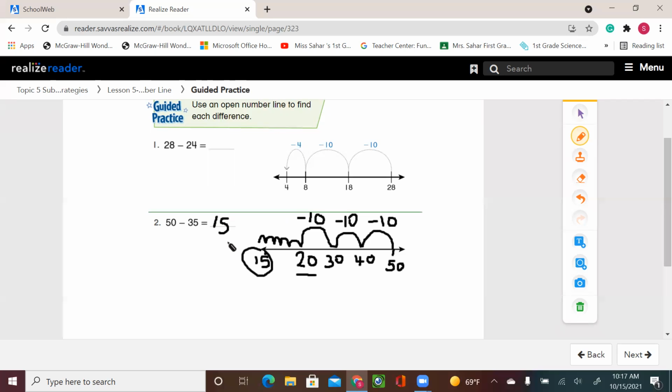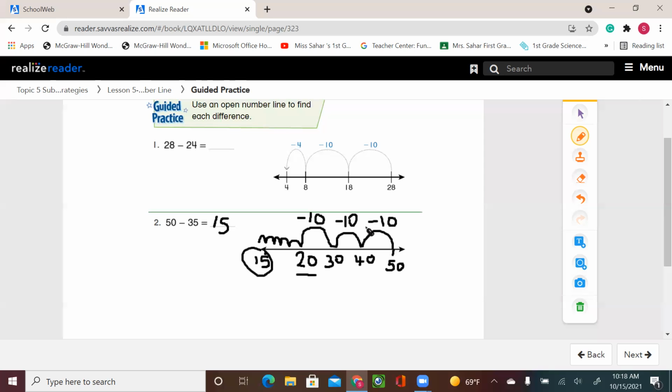Right? Take your time and enjoy practicing. It's really fun to do. Use different colors and make sure that when you count, you use the right number. If you can skip the big jump, you can just go right away and jump 3 tens, so you land on 20 and you don't need to skip by 10 each time.